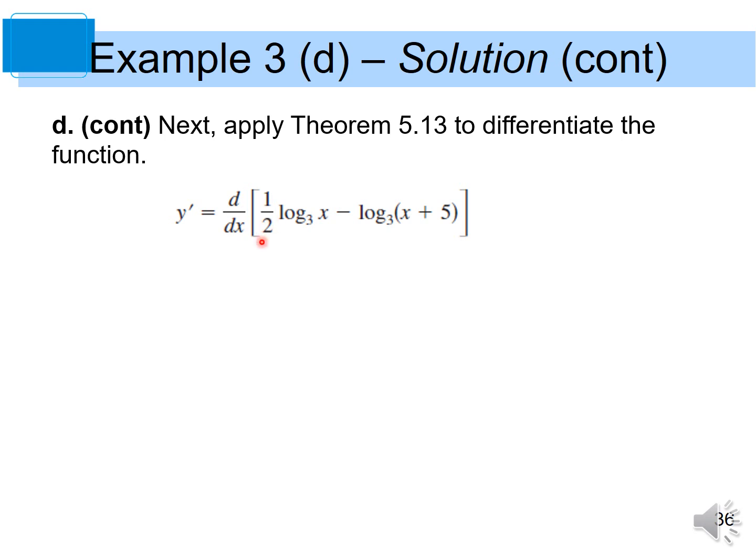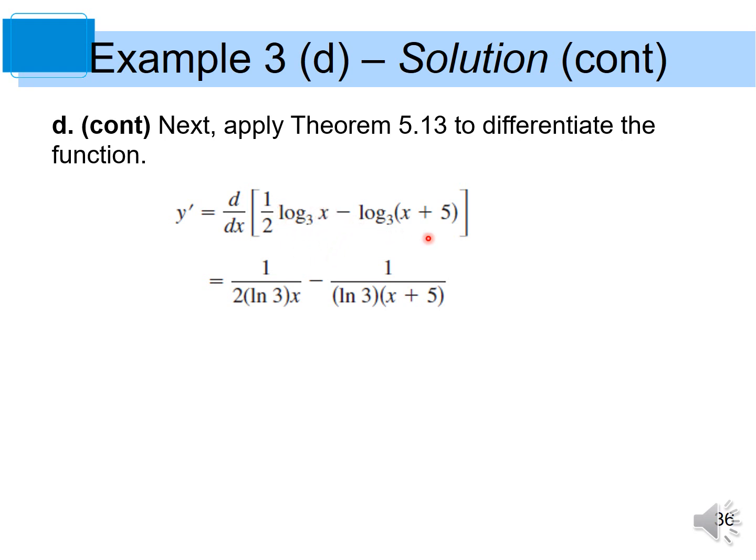So we differentiate straight away. We differentiate the half log x base 3. This one is a constant multiple rule. Half is a constant, so we just keep the constant and differentiate the log x base 3. So we use the third formula because this is not a composite function.